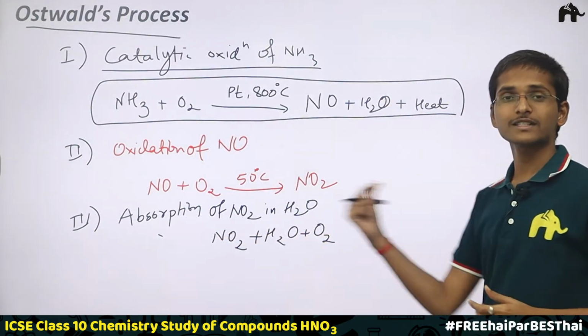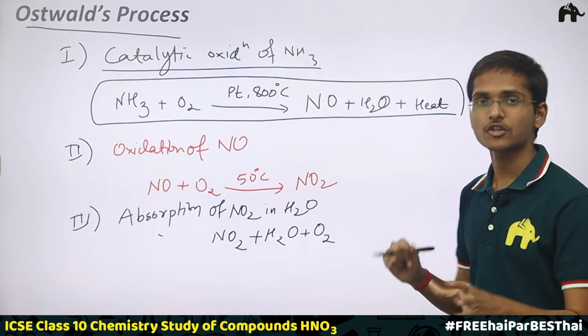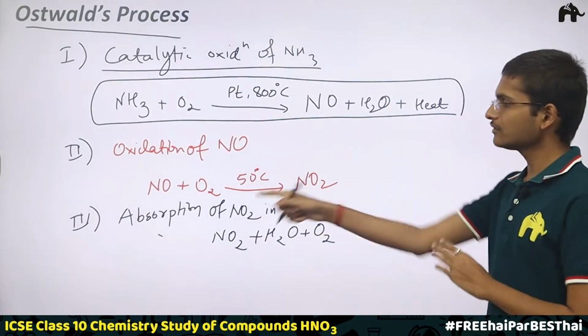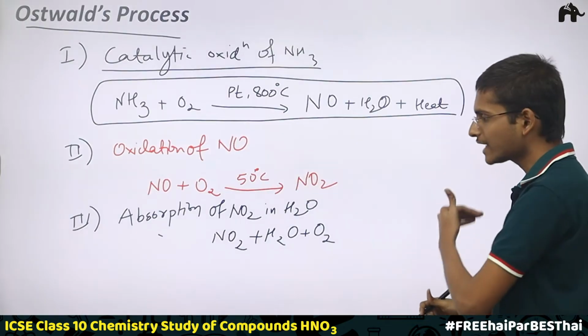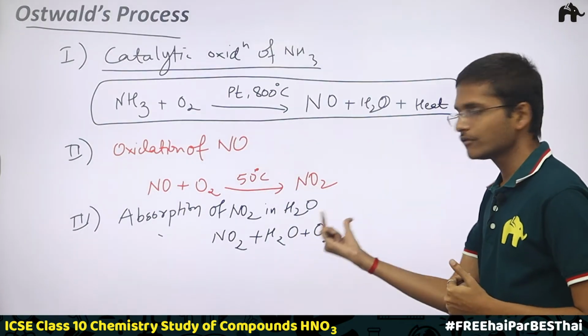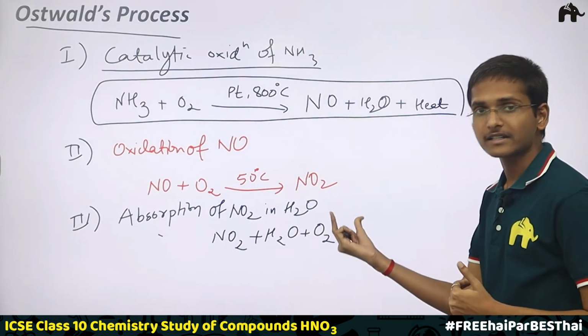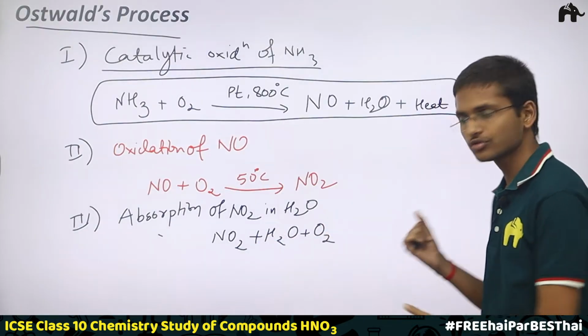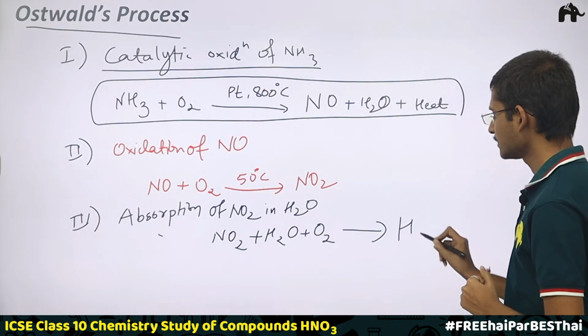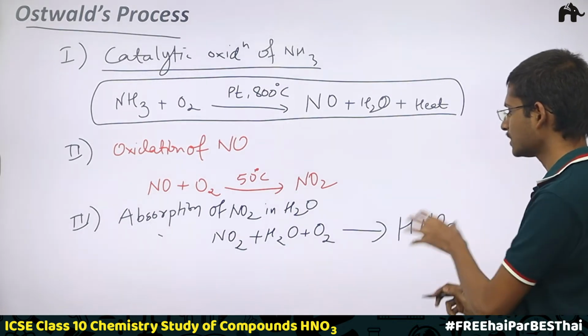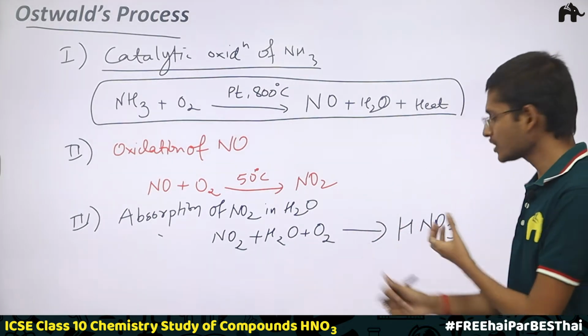So the reverse reaction for the thermal decomposition of HNO3 is the reaction for this step. Reverse means ulta, so that's why reactants would be the products, and products would be the reactants, right? So products were NO2, H2O and O2, so these are the reactants, and then I would get HNO3. This is the reactant in the thermal decomposition, but here it would become product.